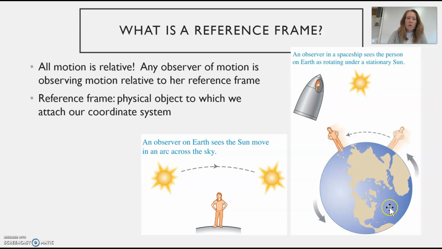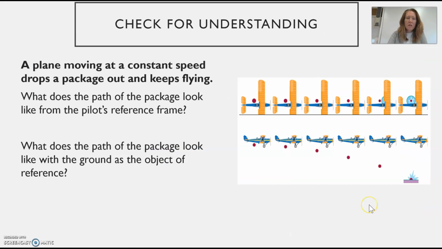So when we talk about reference frames, we are choosing a location that we describe motion from, knowing that that location is also moving, from someone else's perspective. Okay, so these two pictures, I hope once you take a closer look, will make sense to you. And I also have a video that we can look at that shows the same idea.